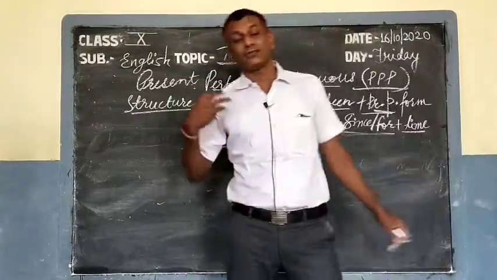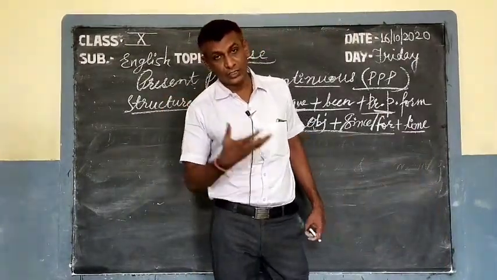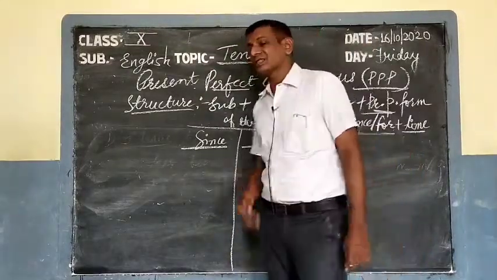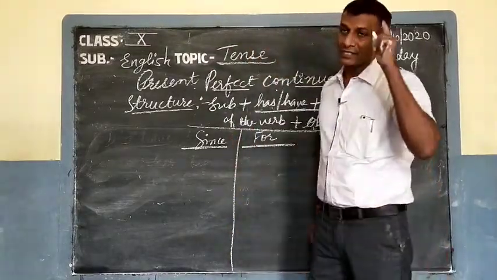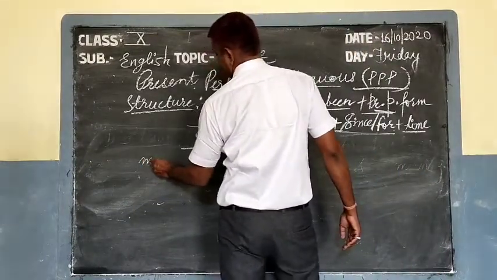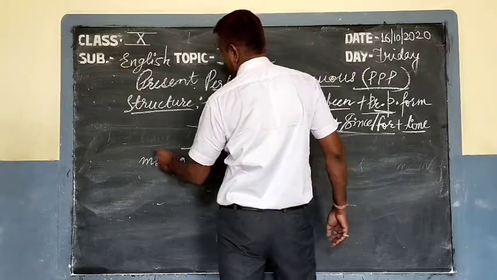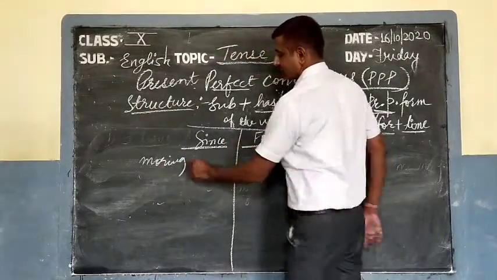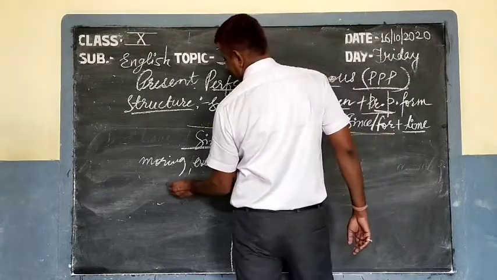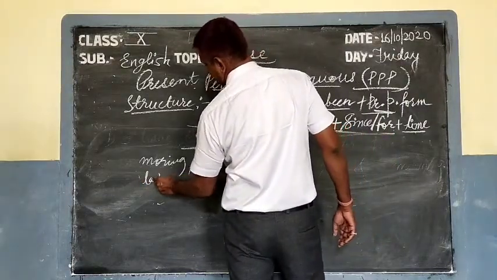I bind the things with the use, not only with the rules. So when you just see the sentence, you must remember what we use. Since morning, since last night.